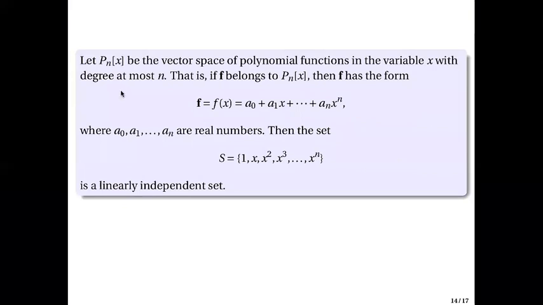Next here, let Pn be the vector space of polynomial functions in the variable x with degree at most n. So remember, you got your F of negative infinity to plus infinity. This is the vector space of functions defined on the interval negative infinity to plus infinity.